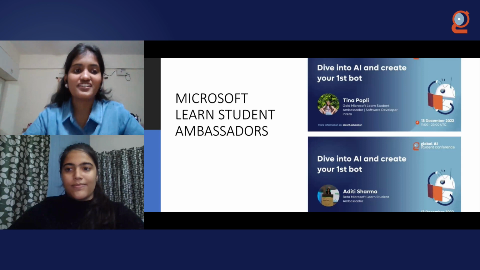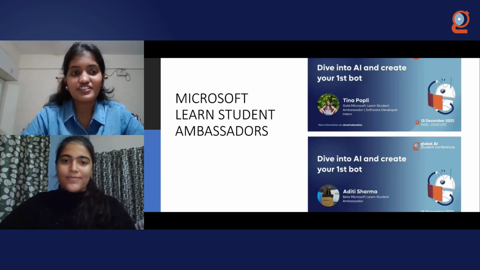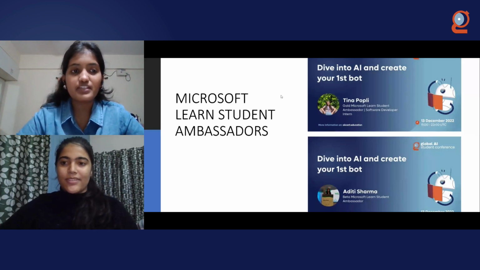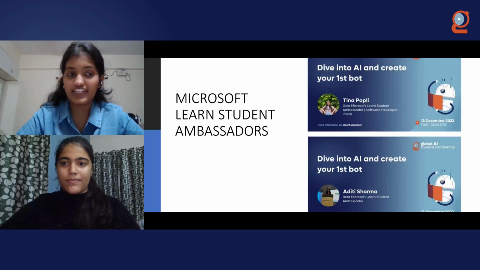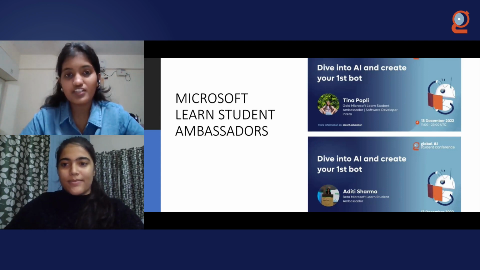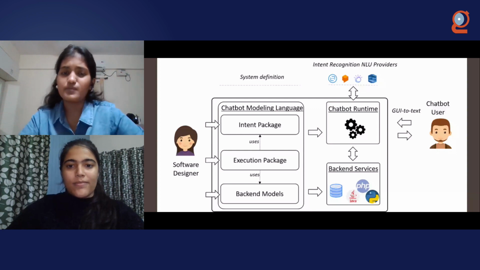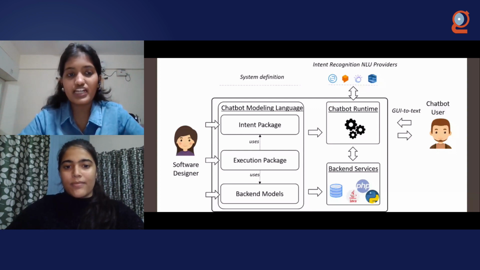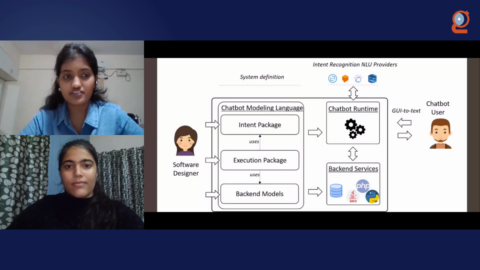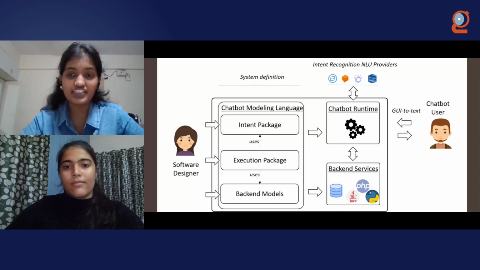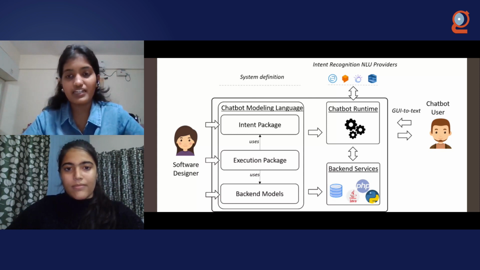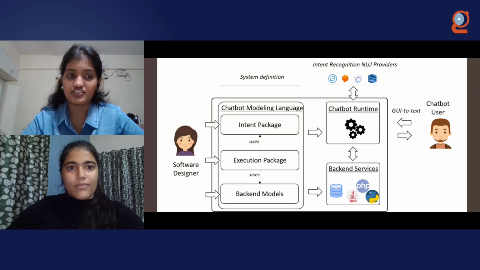Okay, so thank you everyone for joining in. In today's session, we'll be walking you through the basic concepts of AI. So get ready to build your first AI chatbot. Before we start, we know that while building a chatbot model, we have three configurations. First we have the execution package, then we have our intent package, and we have the backend model.